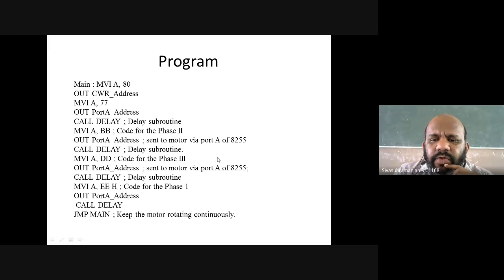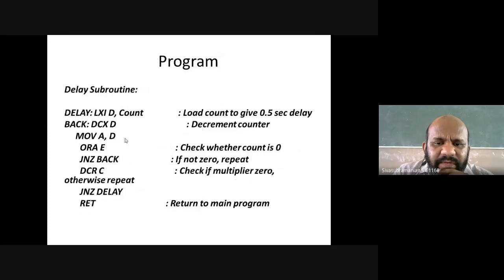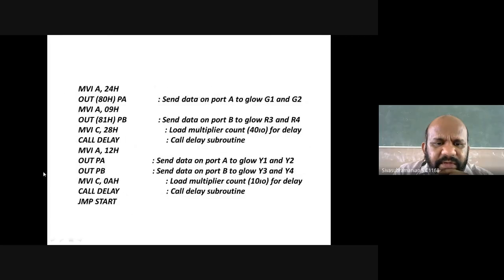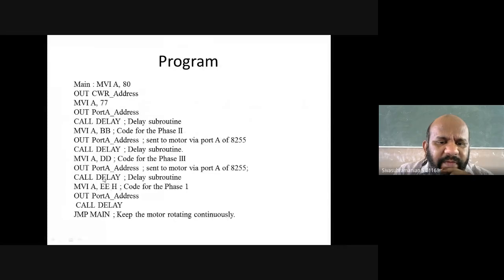Okay. So this port A address here is left blank, right? But for traffic light control, we had given an address, right? So that is where we find a difference. 80H was an address which was available, right? Similarly, you can make your own frame of the data here.